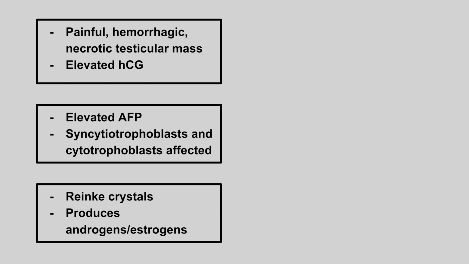Next, we have a painful hemorrhagic necrotic testicular mass with elevated HCG levels. This is an embryonal carcinoma. Next, we have elevated AFP, syncytiotrophoblasts and cytotrophoblasts are affected.